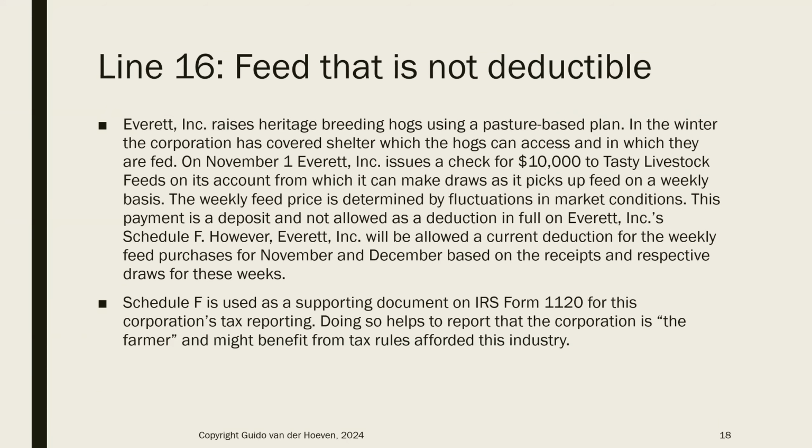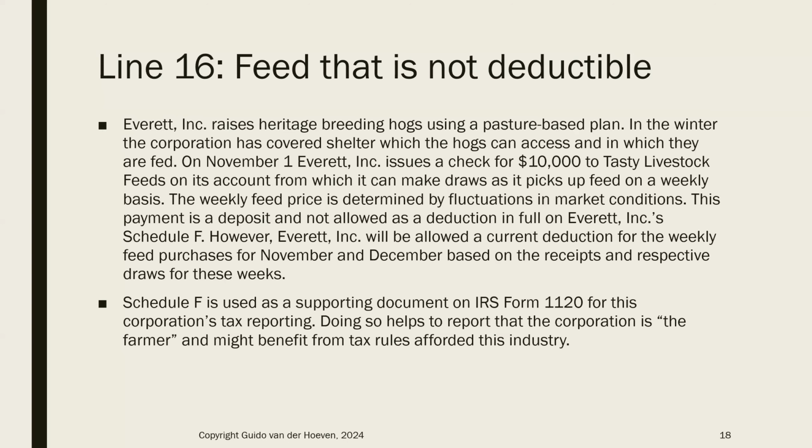Now, the one thing we have to think about is that there could be feed that might not be deductible. Sometimes this happens at the end of the year. So this is just another corporation. We've got Everett Inc. raising heritage breeding hogs. It's a pasture-based plan. In the winter, the corporation provides covered shelter, as you can see there.